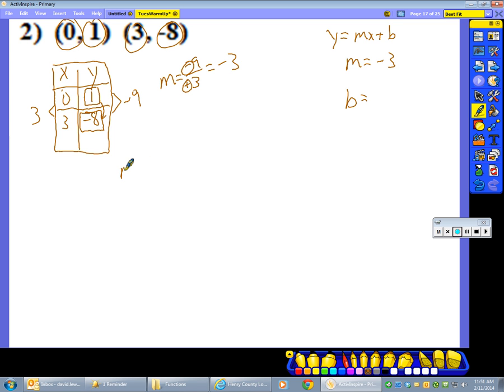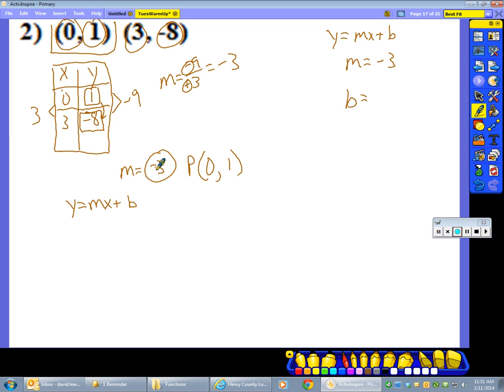Now I'm going to say, well, my slope is negative 3, and I'm going to pick any point. It doesn't matter which one. I usually pick the one that has the easy or smaller numbers, so we have 0 and 1. Just know you'll get the same answer no matter which one you pick. Now I'm going to use substitution. y equals mx plus b.